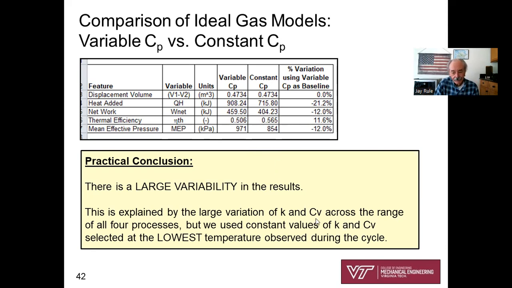So our picking a single lower value for Cv is really what explains this variability. It's not numerical errors. It is the lower values in the constant specific heat model.